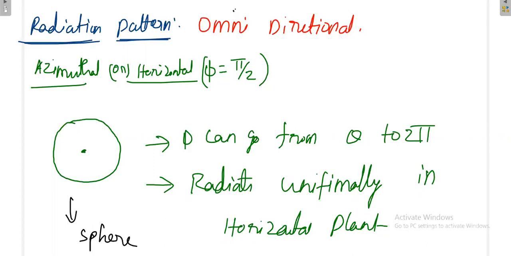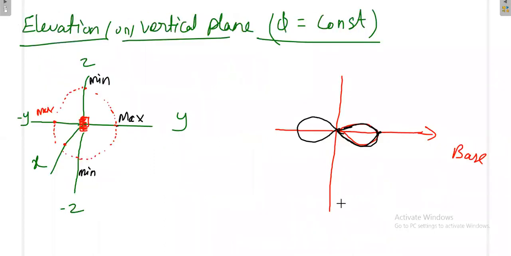But this is the intersection of two planes, and again you rotate this also. You can fix the base axis and rotate with respect to the y axis, vertical axis, or otherwise you can fix the vertical axis and rotate with respect to the base axis. Finally you will get the same shape, no problem.